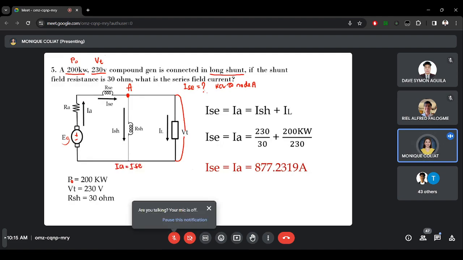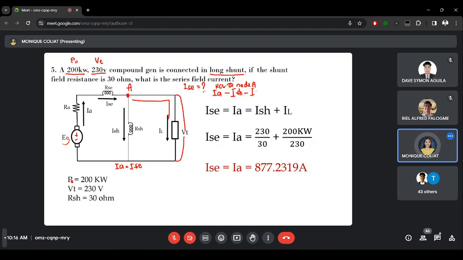So, that will be IA entering the node, that's why it's positive. Then ISH is leaving the node, that's why it's negative. And the IL is also leaving the node. So that's why it's IA minus ISH minus IL equal to 0.